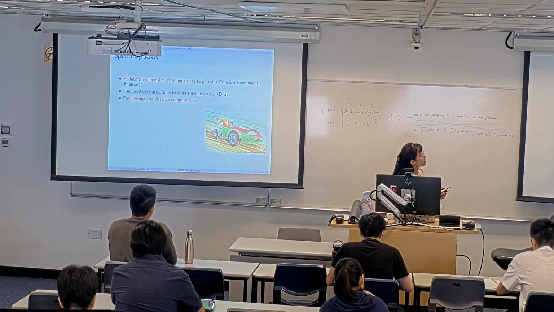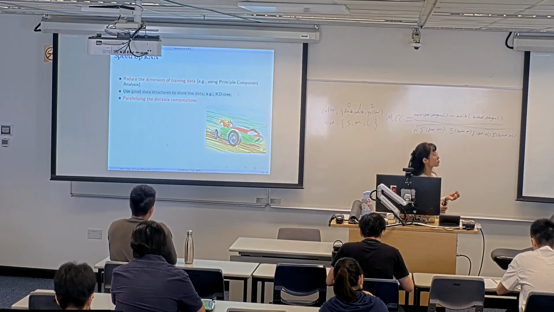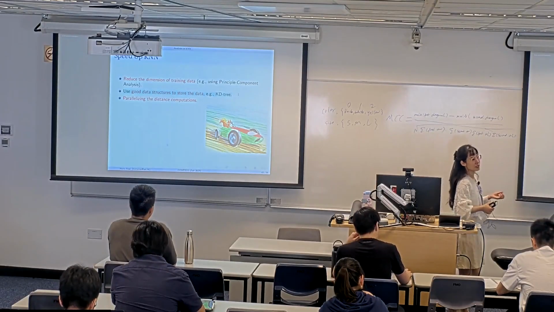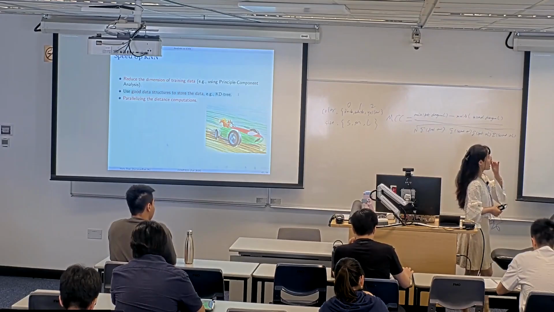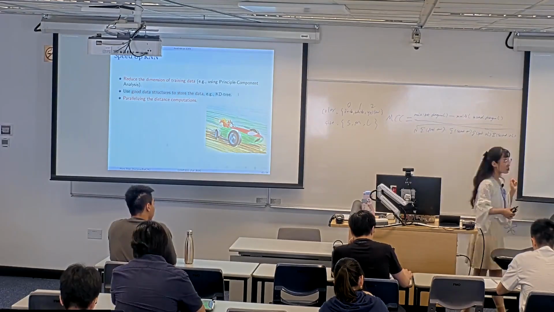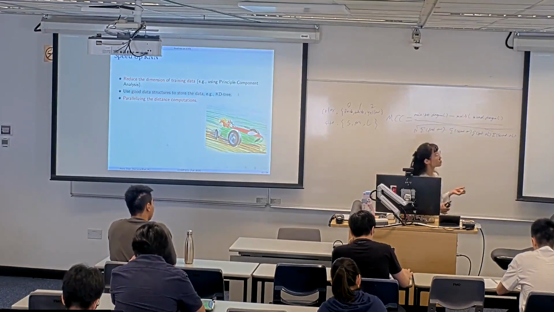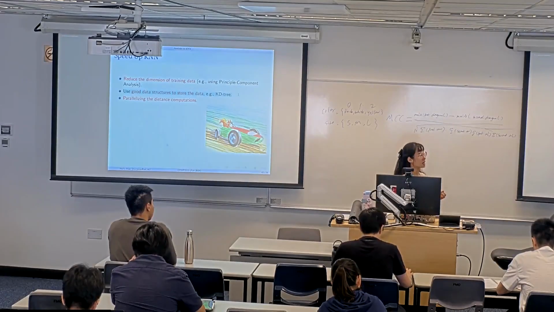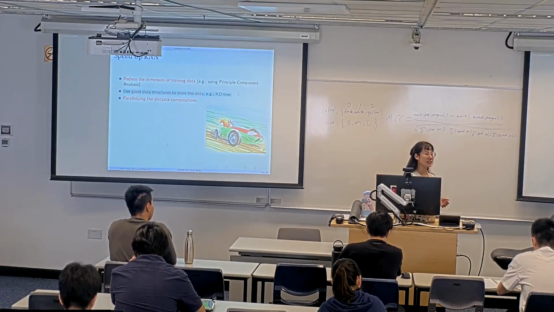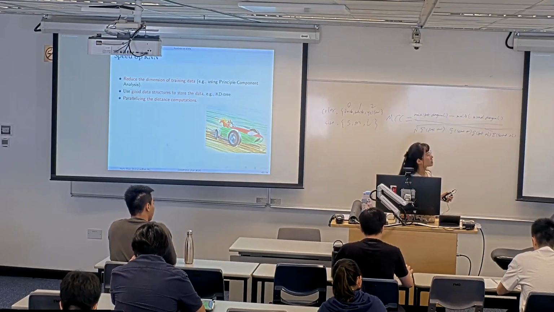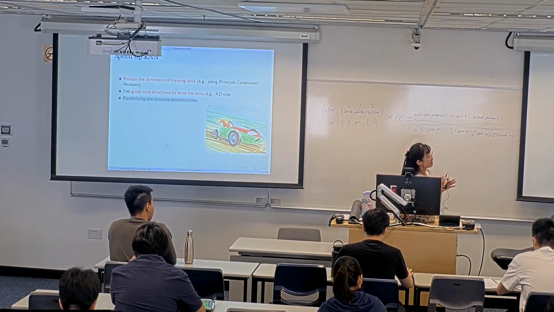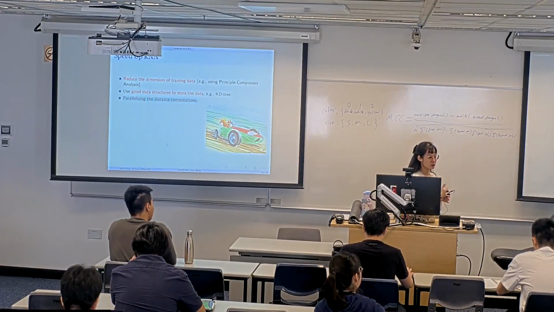And we can also try to use some good data structure to store the data, for example, the KD tree. But again, this does not directly improve the algorithm. It does some data pre-processing, using good data structures to alleviate the problem. We can also parallelize the distance computations, of course, and in this way it can be sped up a lot.